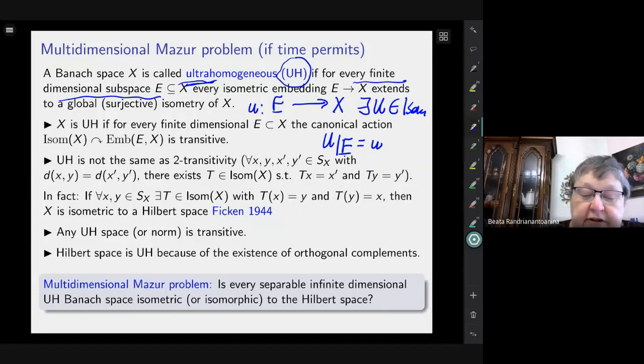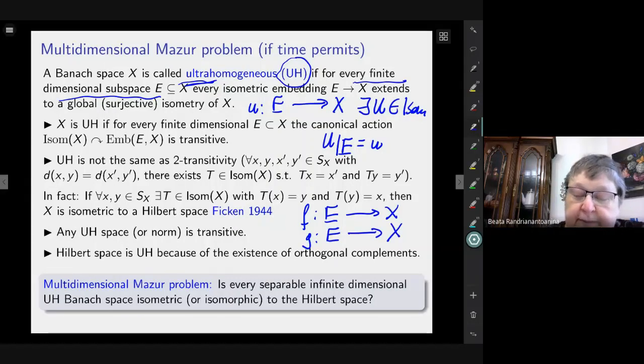It also means that if I had two different isometric embeddings, let's call them F, that isometrically embeds E into X, and say I embed E isometrically into G, then there exists an isometry T of the whole space such that F equals G composed with T.